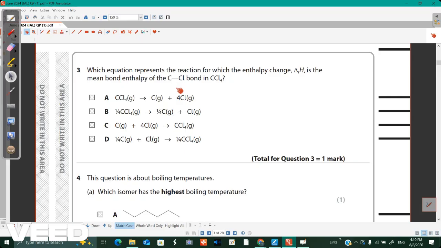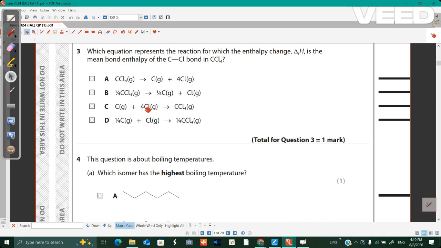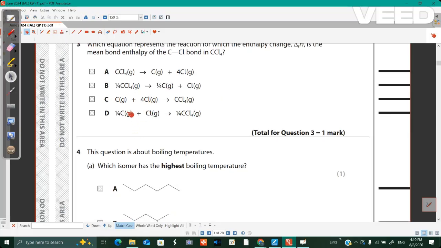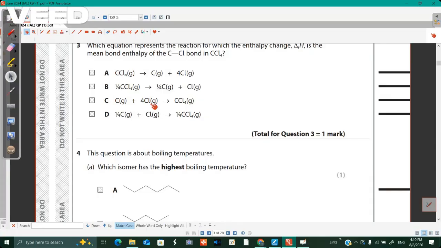So here it means bond enthalpy of carbon chlorine means there's only one bond broken. So we are looking at only one bond. There should be only one bond, right? So therefore, it is 1/4 of CCl4 because CCl4 contains four carbon chlorine bonds.